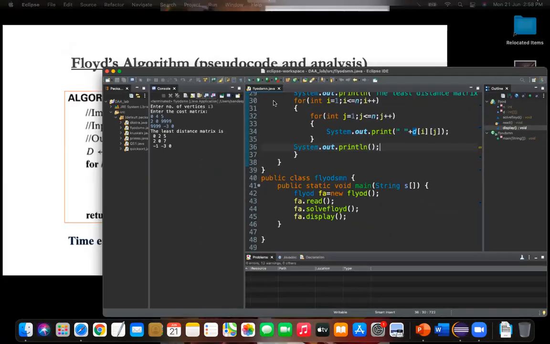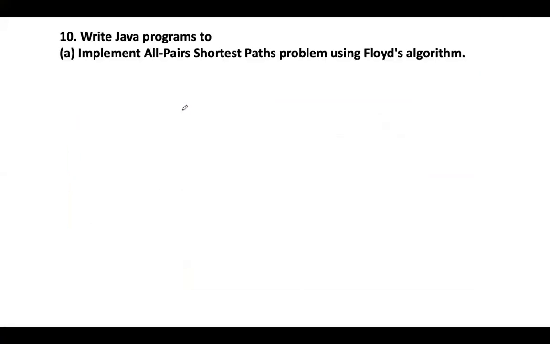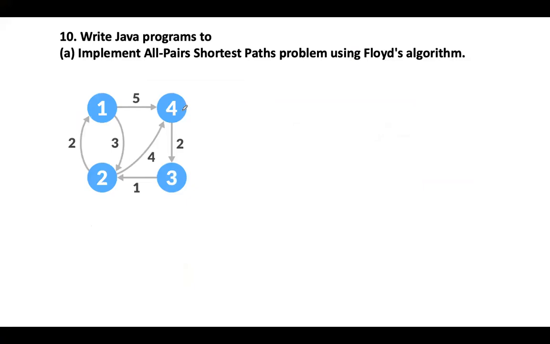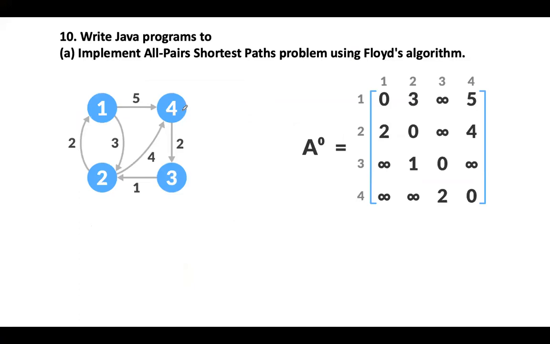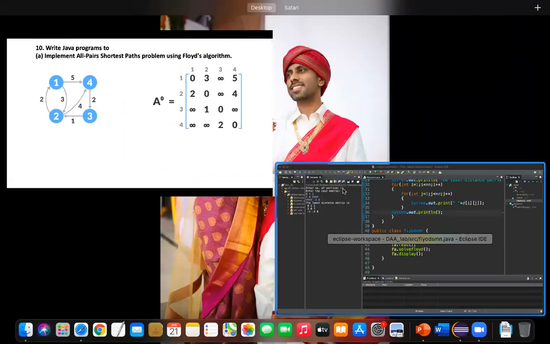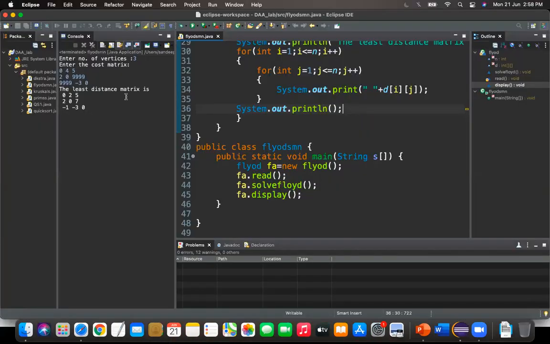I will just provide one more input. We shall try for this input. For this input, the matrix will be as follows. Wherever infinite is there, we shall substitute 999. 4 vertices, number of vertices.